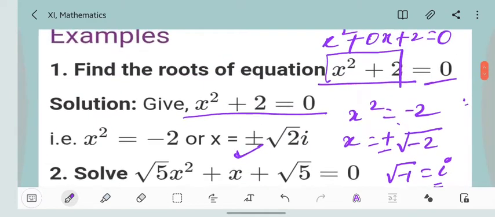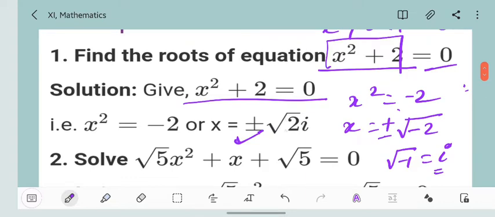Right? So this is the solution of the given equation x squared plus 2 equals 0, which has two solutions here, as the degree is 2, as we have seen in the note section. If the degree is n, the solutions will be n. So plus root 2 i and minus root 2 i are the two solutions of the given equation.